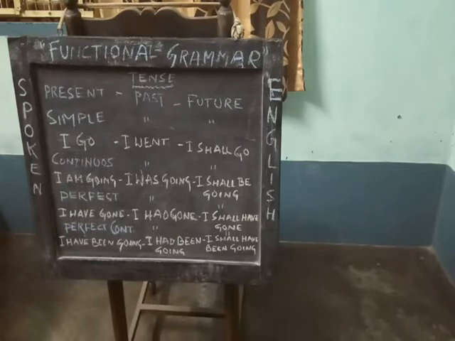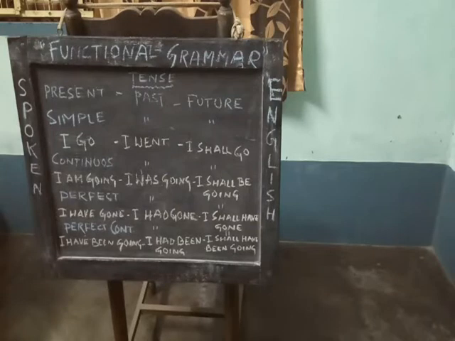What is simple present? Simple present is used to express the general truth. What is a general truth? Like the sun rises in the east, the train stops at the station. These are general truths, and they belong to present tense.